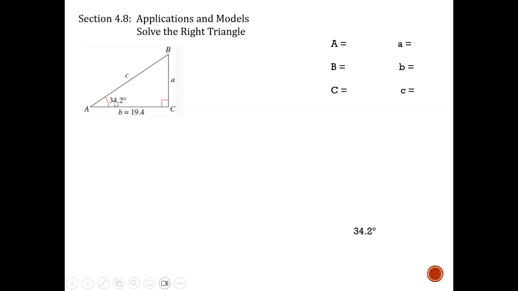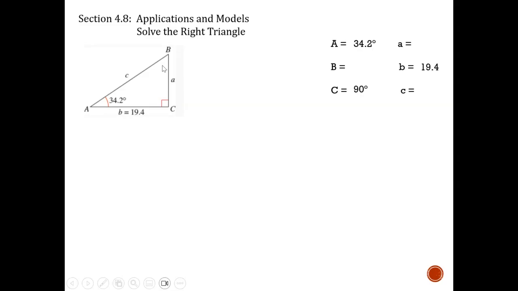They give us angle A is 34.2. They give us little b is 19.4. But we should know that in a right triangle, right angle C is 90 degrees. So we're looking for angle B, side A, and side C. Let's first find angle B, because I believe it's easier.